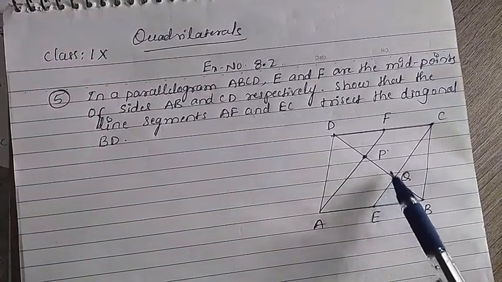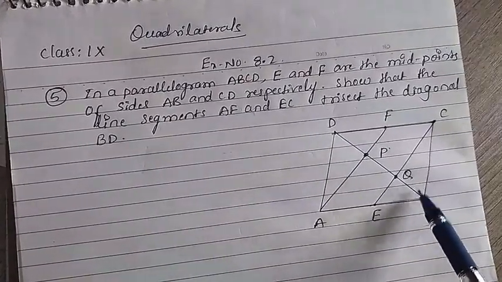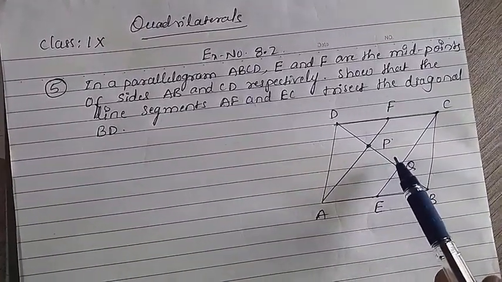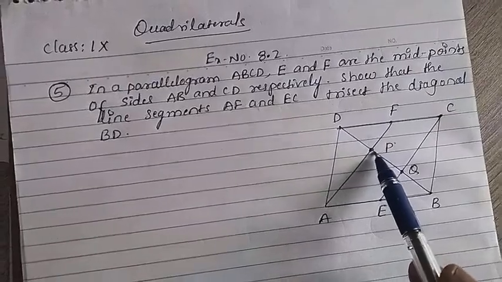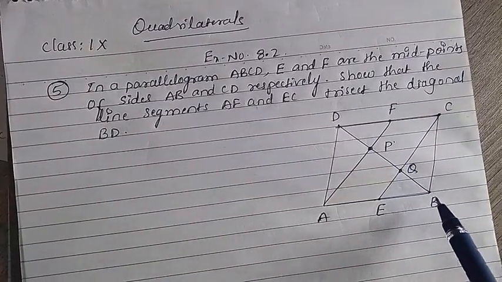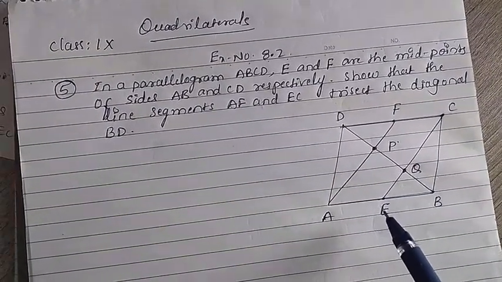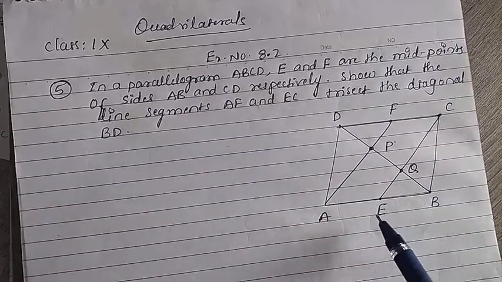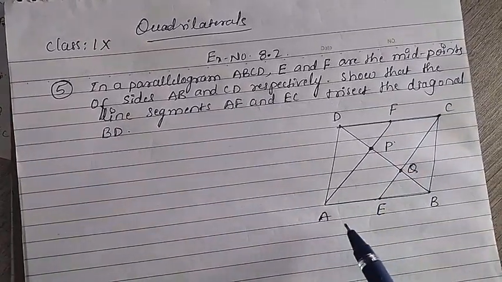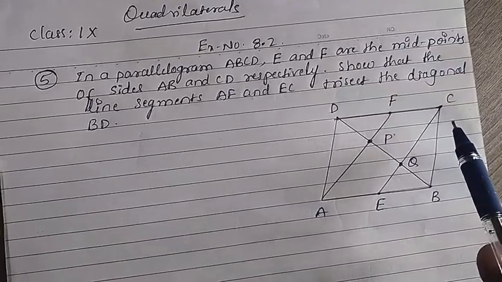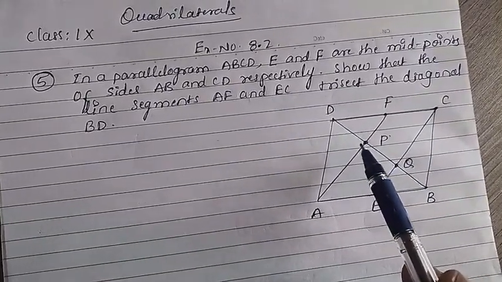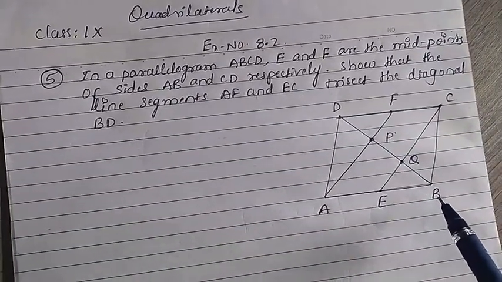These two lines divide this diagonal into three equal parts. You have to prove that DP is equal to PQ, PQ is equal to PB. They have given ABCD is a parallelogram, and E and F are the midpoints of AB and CD. Clear? You have to prove that DP is equal to PQ, PQ is equal to BQ.